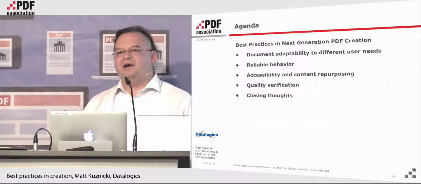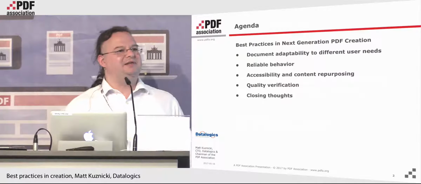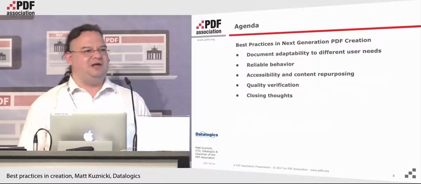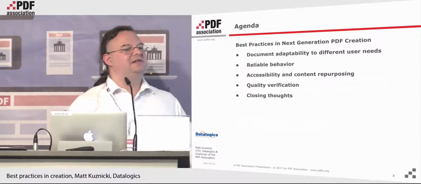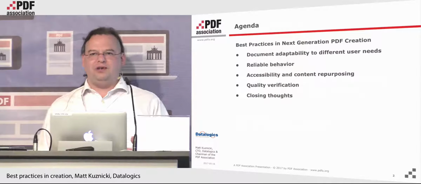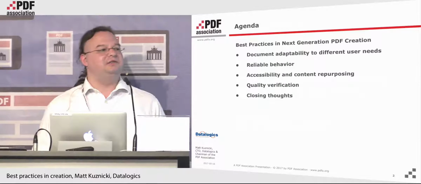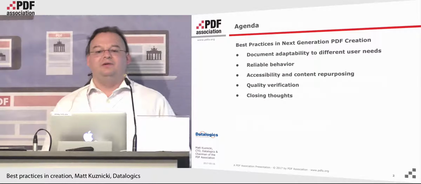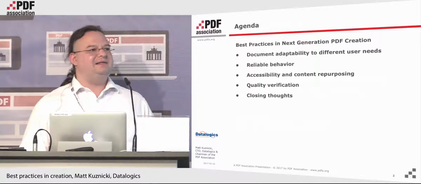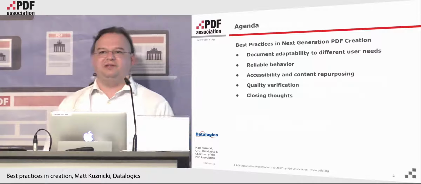I want to talk about one of the key value propositions of PDF, and that is reliable document behavior and best practices in preserving reliable behavior for next generation PDF where presentations may change. I'll talk about specifically accessibility and content repurposing. I'll talk a bit about quality verification.